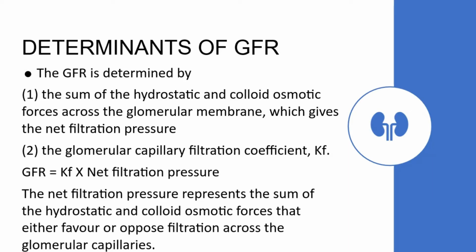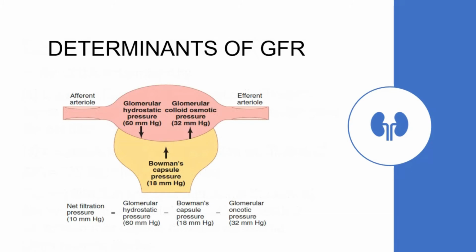GFR is the product of these two terms. The net filtration pressure represents the sum of the hydrostatic and colloid osmotic forces that either favor or oppose filtration across the glomerular capillary. Like any other capillary in the body, the net result depends on the interplay between the forces that favor filtration and the forces that favor reabsorption.